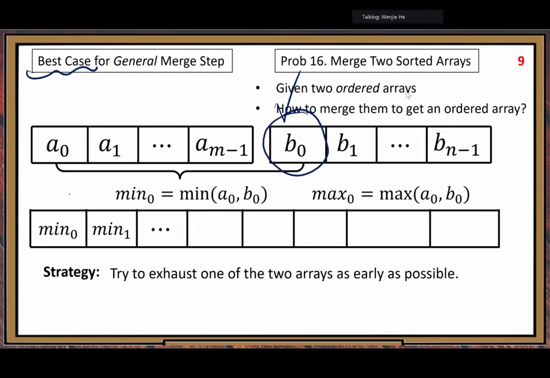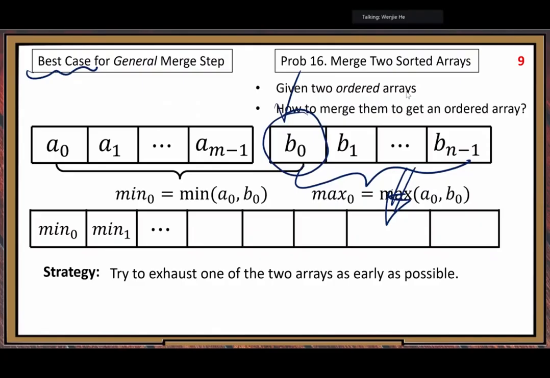You exhaust all of them as early as possible. After that, all the remaining elements you can put in place without comparisons, because you know the order of the remaining elements.